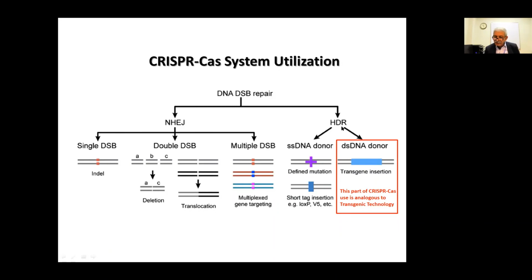Homology dependent repair: you can repair the DNA, you can insert a transgene, and insertion of the transgene, if you look down here, this part of CRISPR-Cas use is analogous to transgenic technology. And these transgene insertions undergo biosafety regulations. Okay, while in the repair of the gene, you are not inserting anything, and there is nothing which is problematic here.